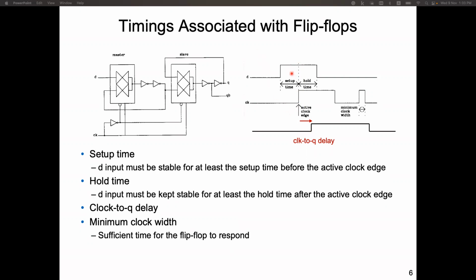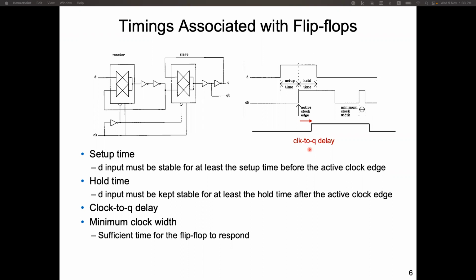Say now D is high, so the output Q will rise to high, but it will occur after a certain amount of time after the rising edge of the clock. So from the rising edge of the clock to the moment that the output is ready, this delay time is called clock to Q delay.